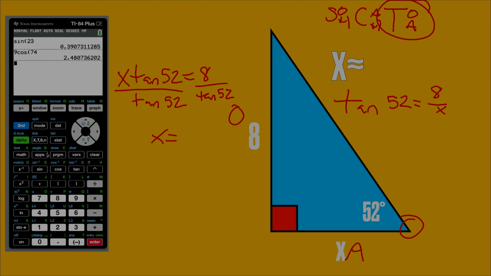So x equals 8 over tangent of 52. 8 divided by tangent of 52, enter, and that gets me approximately 6.25.